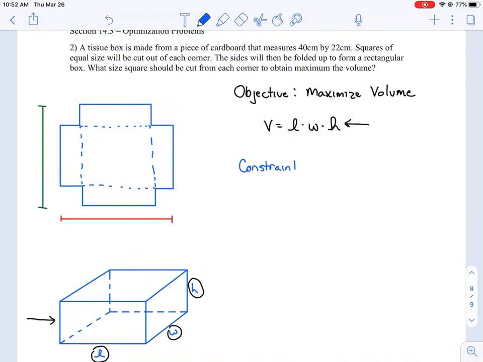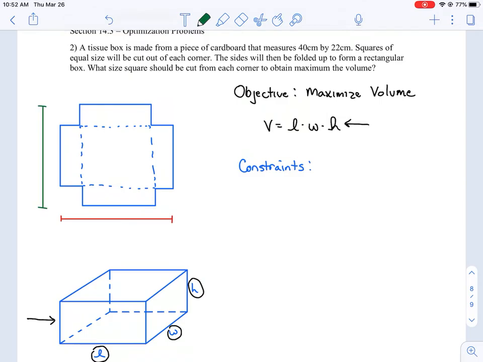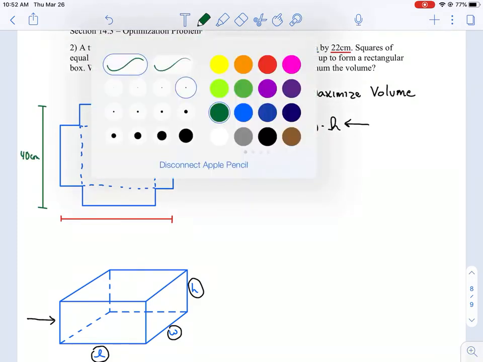So we're going to write down the word constraint here. Or in this case, there'll be constraints. So the piece of cardboard started as a 40 centimeter by 22 centimeter rectangle. So over here on the left, I'm going to write 40 centimeters.